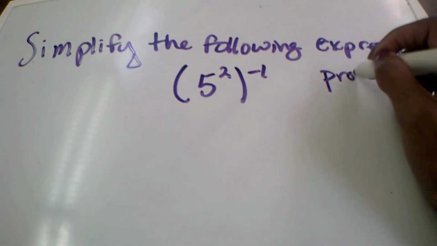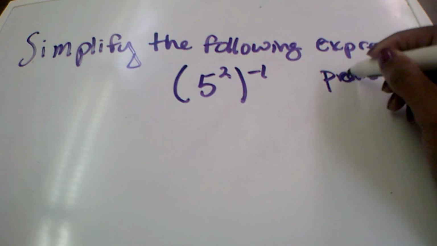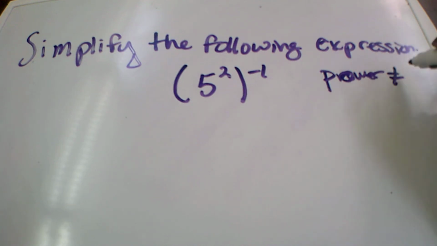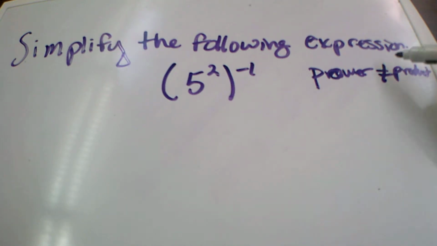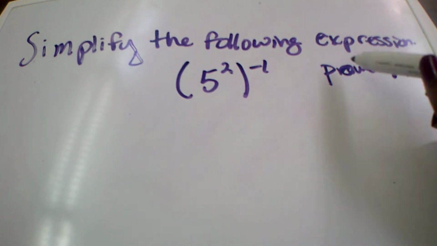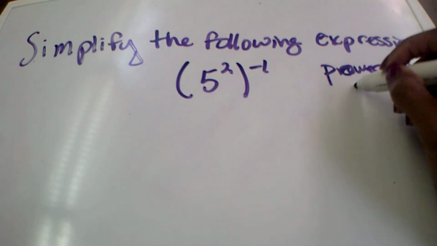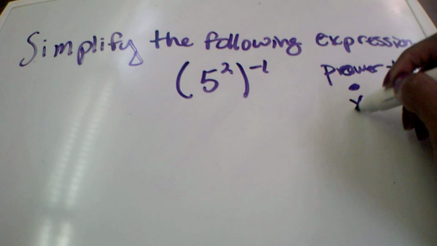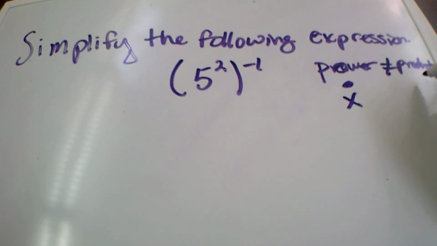Power rule is not product rule. You guys know I have bad handwriting, so don't make fun of me. But please remember that. Do not get them mixed up. With the power rule, we are multiplying, and with the product rule, we are adding. Okay?